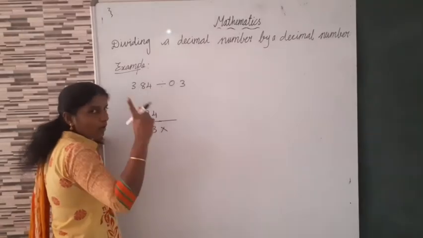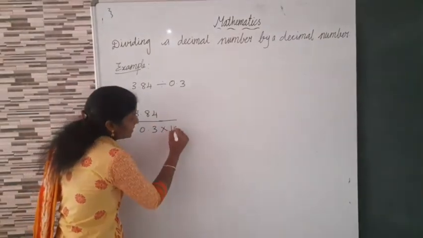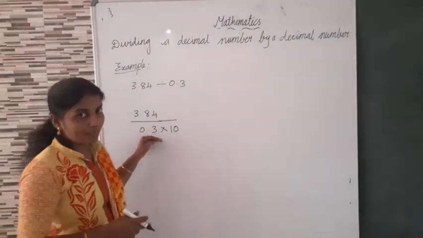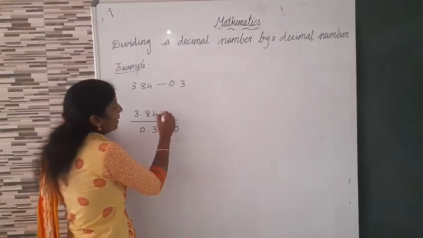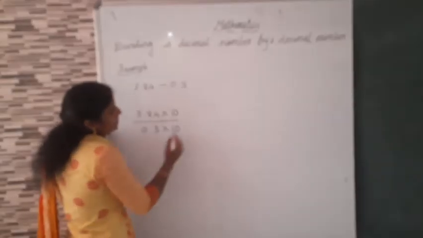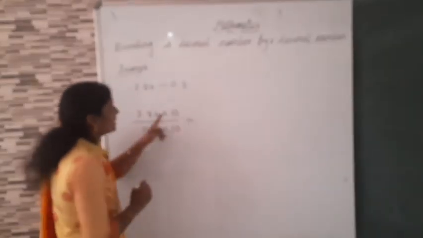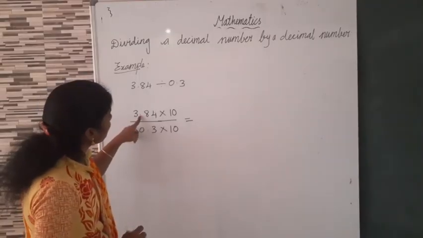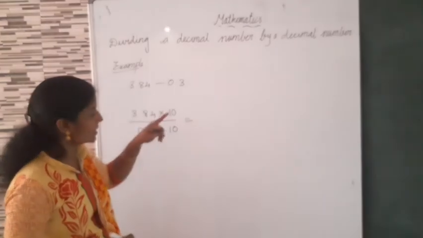Here after the point there is only one digit, so we can multiply by 10. If we multiply by 10 in the denominator, we must multiply by 10 in the numerator also. Multiplying by 10 means the point will shift to the right one place, isn't it?